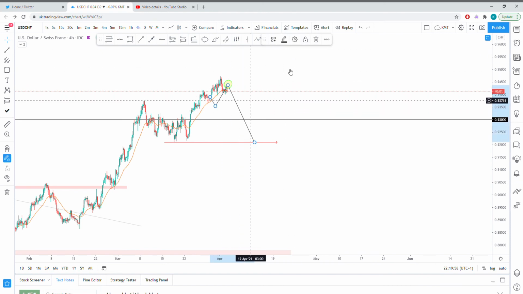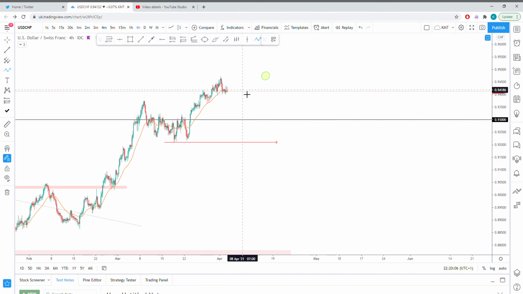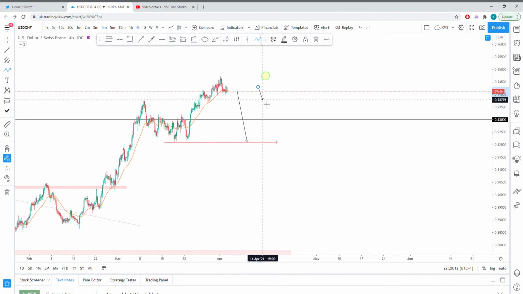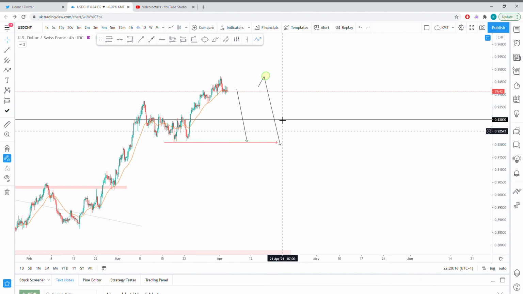But nonetheless, we can always look for the retest. What we could be looking out for is, again, just for price to fall towards the downside. Whether the price continues to fall lower, or if price starts to push higher and then make that move to the downside, that's something you need to be mindful of.